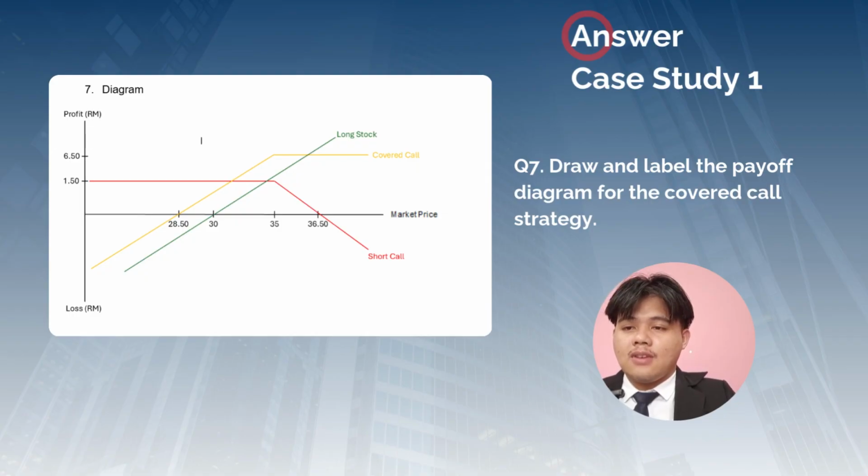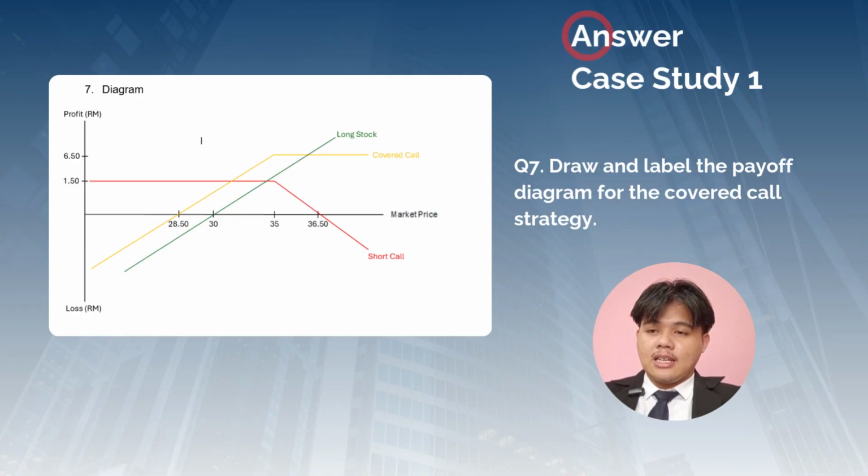At the lower price, the covered call still faces a loss, but the loss is reduced by the call premium received. At the break-even point, around 28.50 ringgit, the strategy starts to make profit.